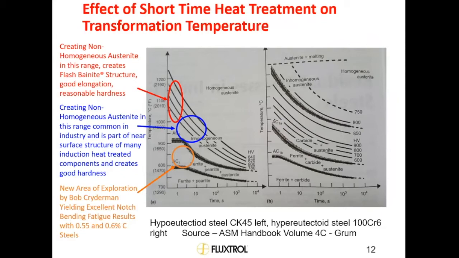We also see another area of exploration by Bob Kreiderman recently, where he's been going below the AC3 and above the AC1 and finding excellent bending fatigue results for 0.55 and 0.6 carbon steels, which are usually not selected for those types of properties. But he's been getting excellent properties in a region you're typically told to avoid. So it's all these things we're working to understand as we work at this non-equilibrium thermal processing.